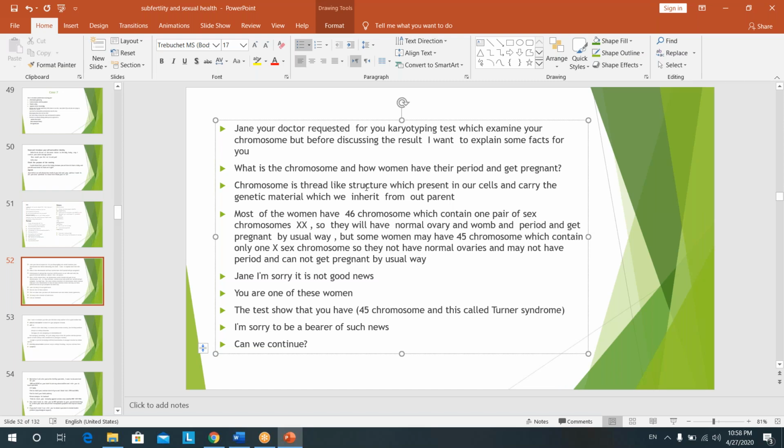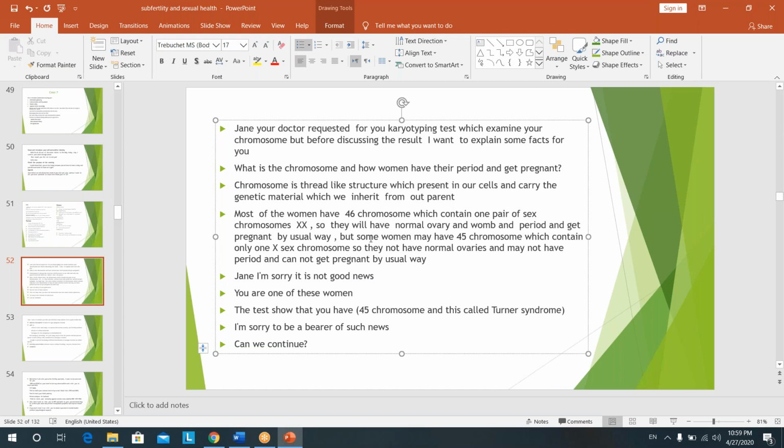Chromosome is a thread-like structure which is present in our cells and carry the genetic material which we inherit from our parent. And most of the women have 46 chromosomes, which contain one pair of X chromosomes called XX. So they will have normal ovary and normal womb and period and can get pregnant by the usual way.